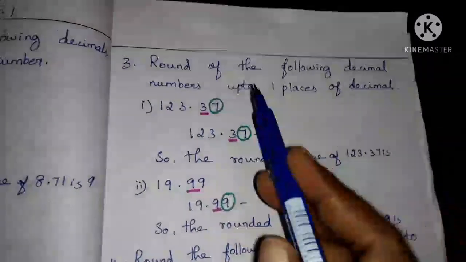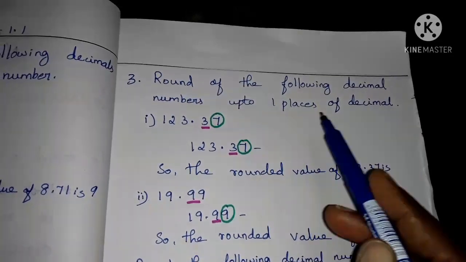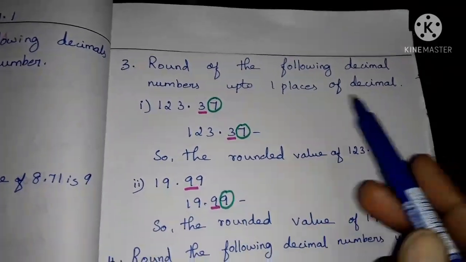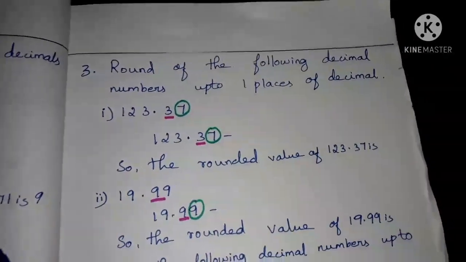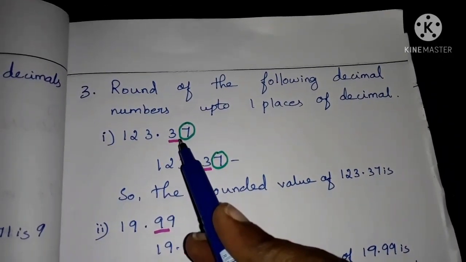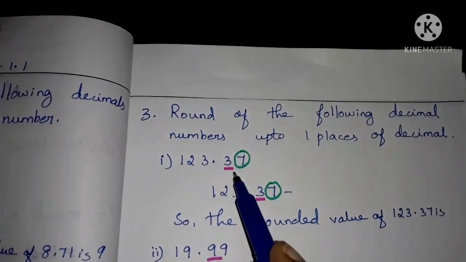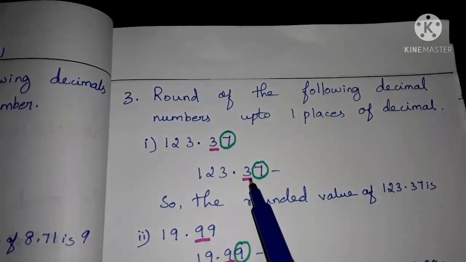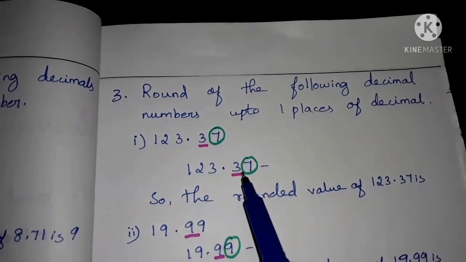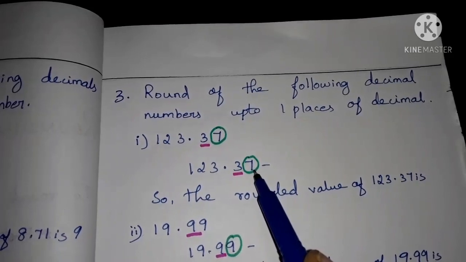Next, round off the following decimal numbers up to 1 place of decimal. Here it is 1 place, so after the decimal point we need 1 place. So that first place we have to underline. We underline the first place and look at the right side of the underlined digit.